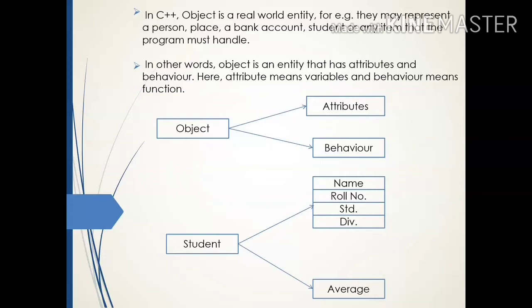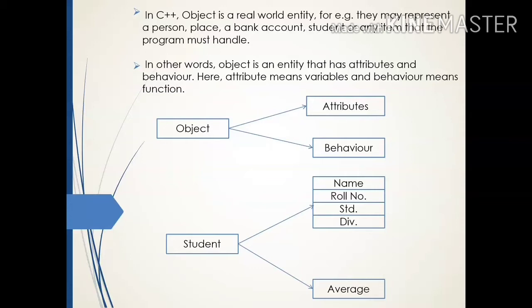And what will be the behavior? Suppose I want to calculate students' marks average. So average is nothing but behavior. Object is divided into its attributes and its behavior.